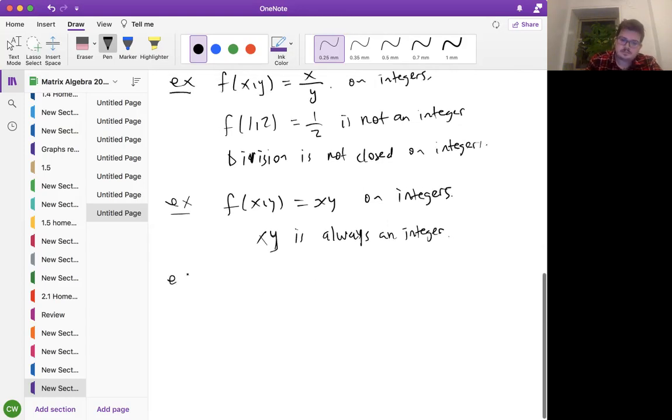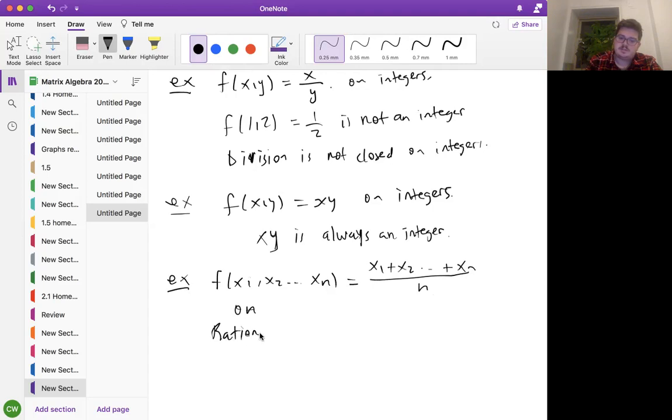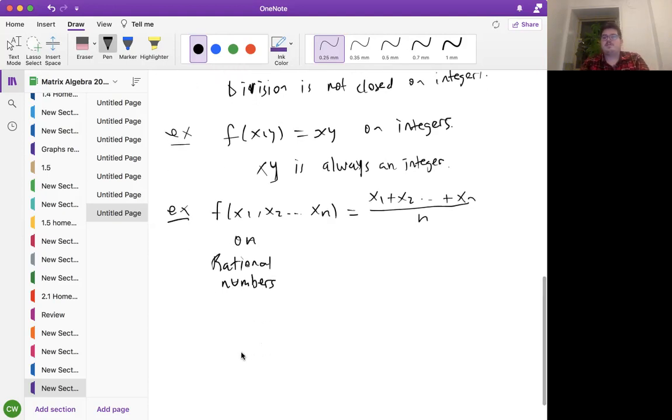How about this one? Let's take f of x1, x2 to xn, and let's make this equal to x1 plus x2 plus up to xn, divided by n, on rational numbers. Is that a valid operation? Yes. Anyone know what this function is called?